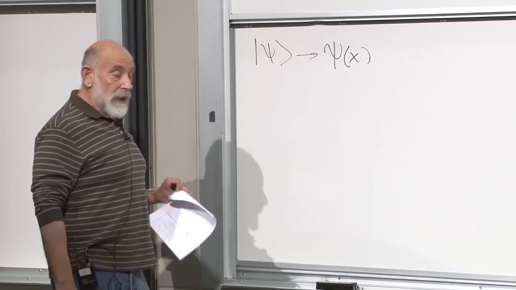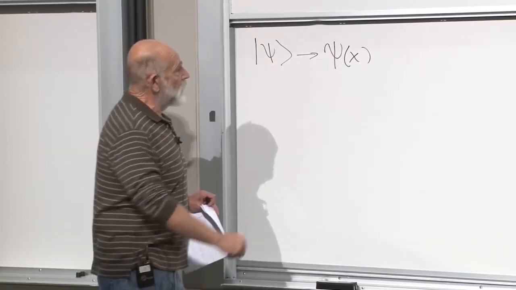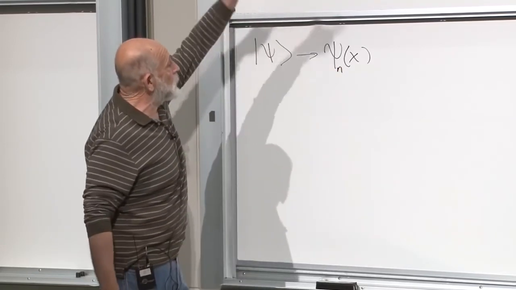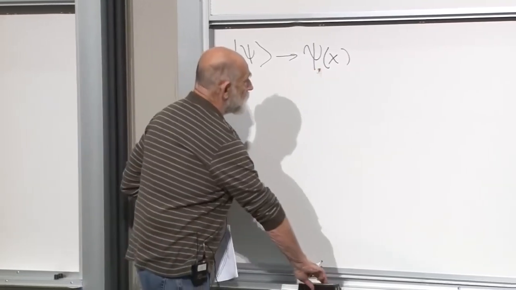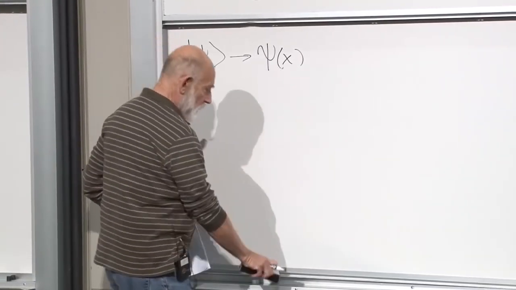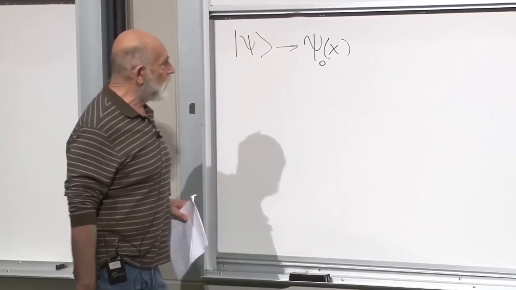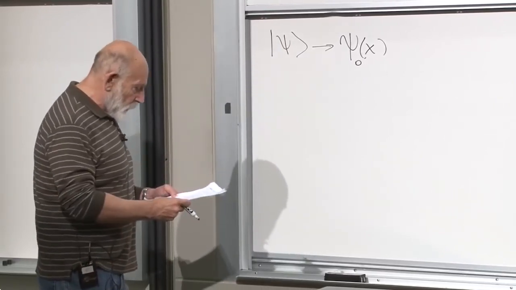If we're talking about energy eigenstates, we could label the wave functions with a little n down here, indicating which integer they correspond to. The ground state, for example, will be psi 0. The first excited state would be psi 1, and so forth. So state vectors become wave functions.